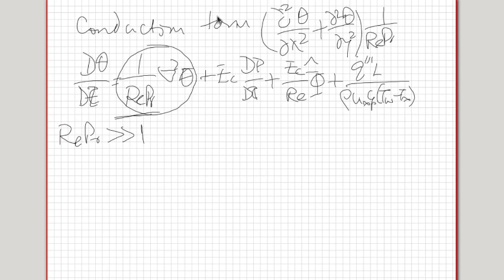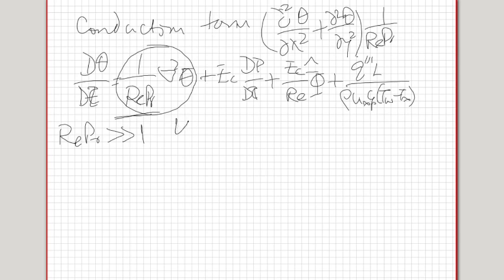But what this term shows, RePr shows, is that the conduction term is much smaller than the advection term when RePr is much greater than 1. So the flow is dominated by advection. Okay. So when does that happen? What is RePr?